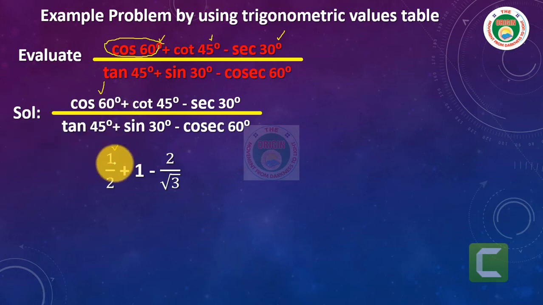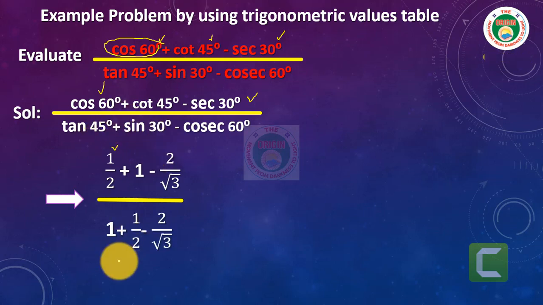Cos 60 degrees equal to 1 by 2, cot 45 equal to 1, secant 30 equal to 2 by root 3, tan 45 is 1, sin 30 is 1 by 2, cosecant 60 is 2 by root 3. After substituting values, the problem converted into this one.